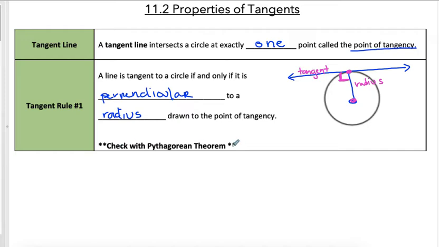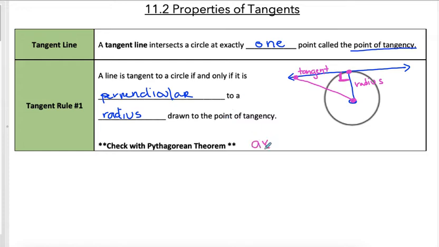And the way we can check that is if I have a point out here, notice that I'm now creating a right triangle. Last semester, we practiced lots of things with right triangles, special right triangles, trigonometry. This unit, we're going to review some of those Pythagorean Theorem ideas.